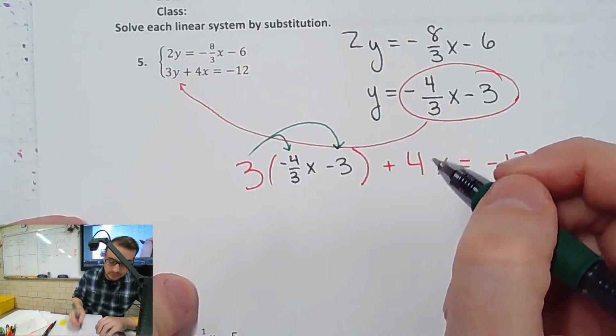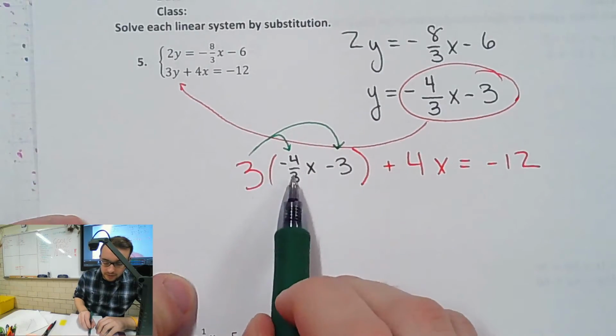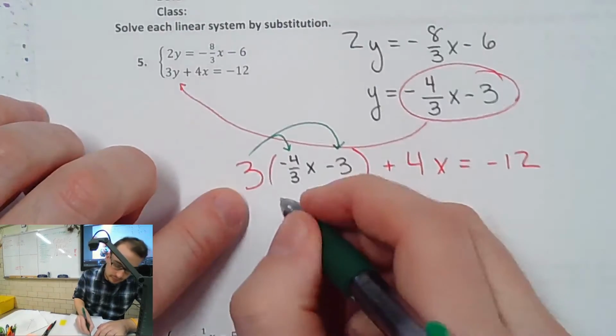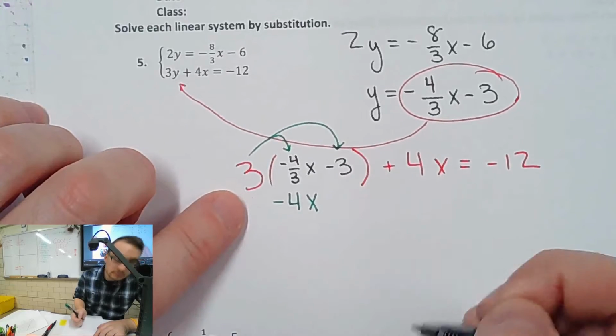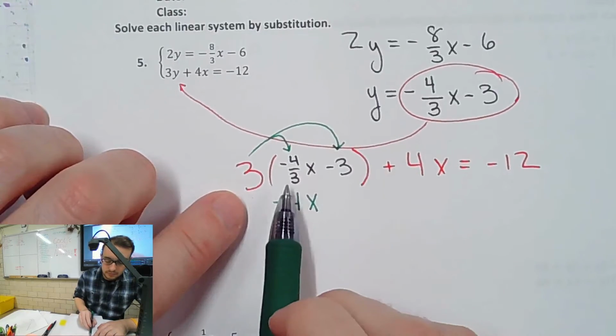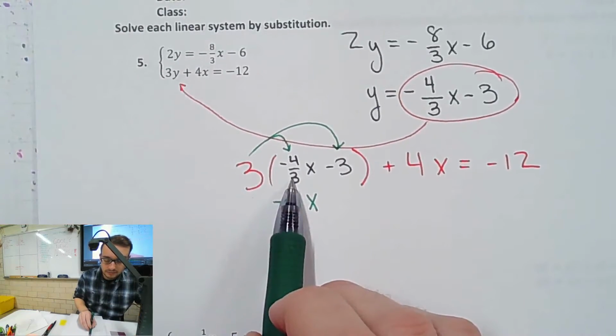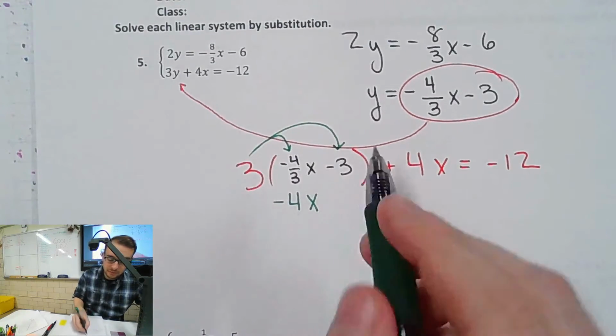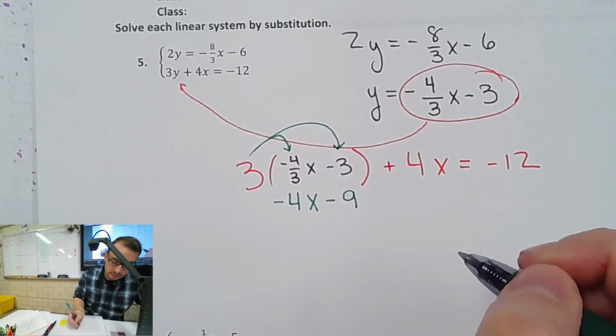We have negative 4 divided by 3 times 3. Isn't the divide by 3 and times 3 going to cancel? Negative 4x. 3 divided by 3, 1 times negative 4, negative 4. 3 times negative 3, negative 9.